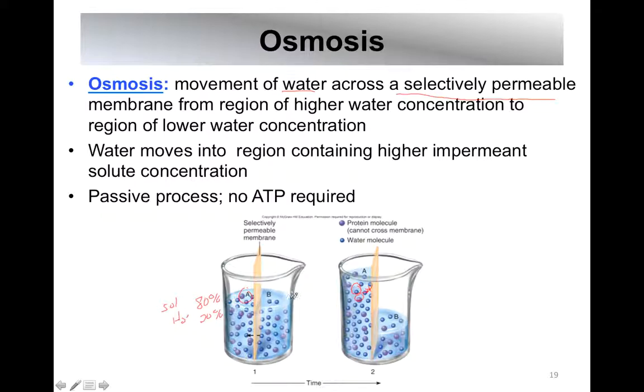And over here, it looks like the solute is about 30%, which would make this side 70% water. So side B has a higher concentration of water, and that's why the water moves to this side through that selectively permeable membrane.